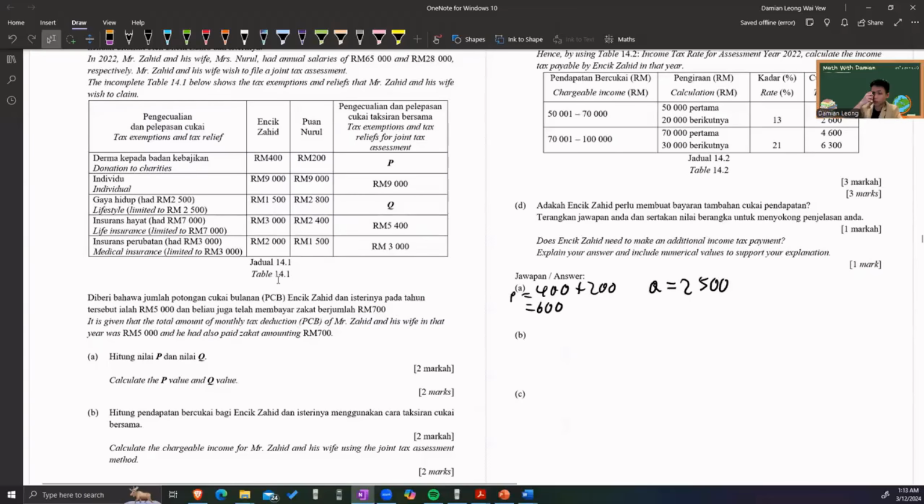Then calculate the chargeable income for Mr. Zahid and his wife using the joint tax assessment method.